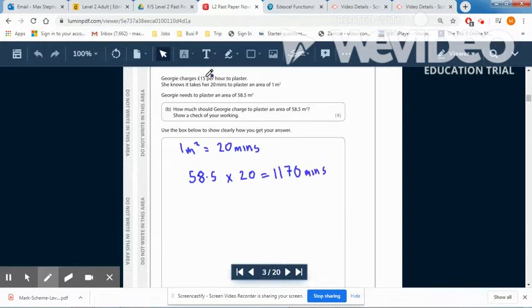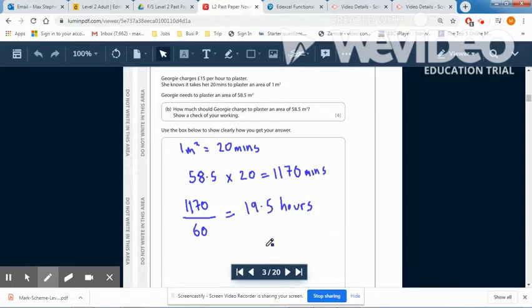And she charges £15 per hour, so we need to change our minutes into hours. We do that by dividing by 60, because there are 60 minutes in an hour. So do that calculation. It's going to take 19.5 hours.